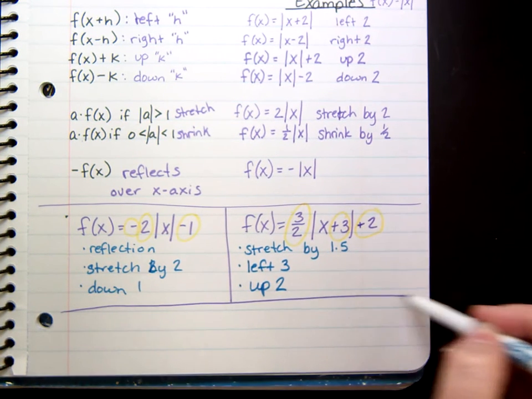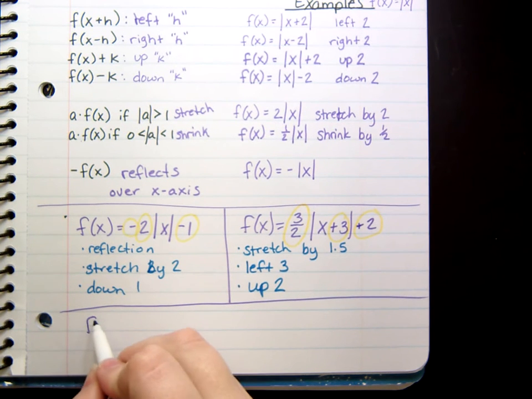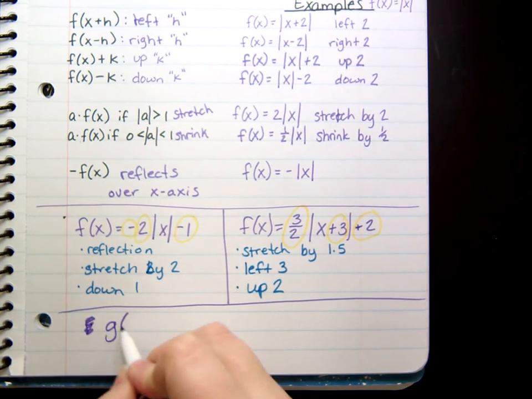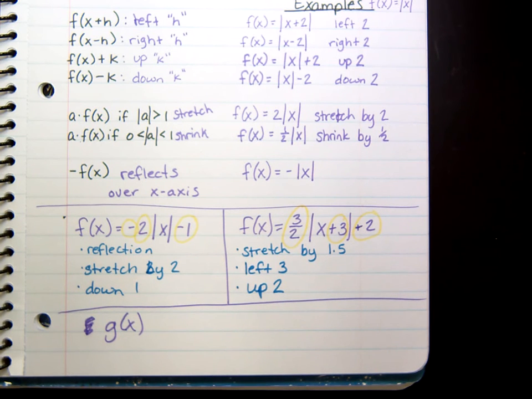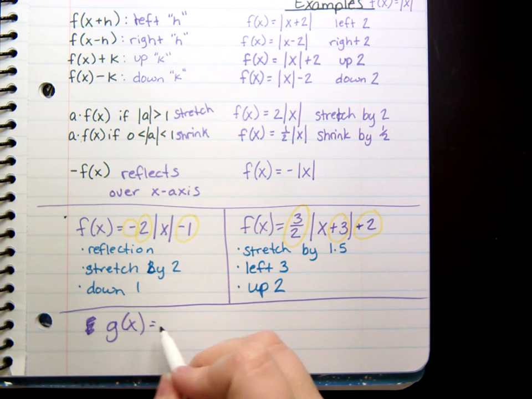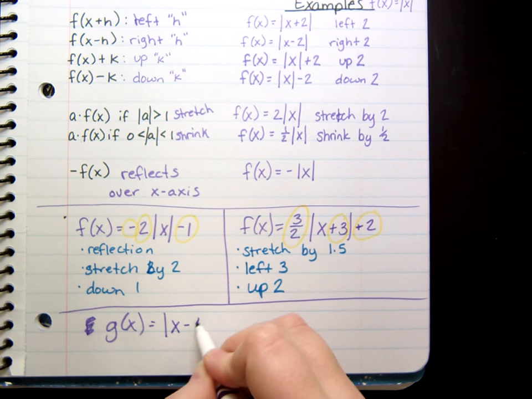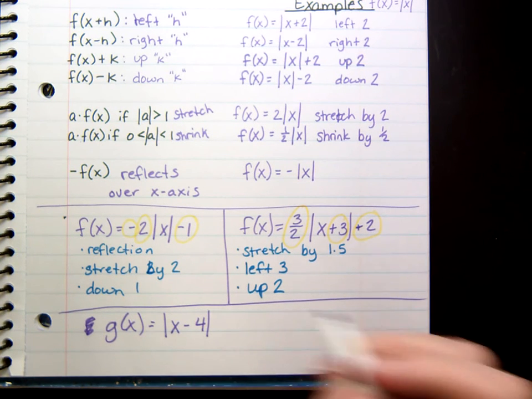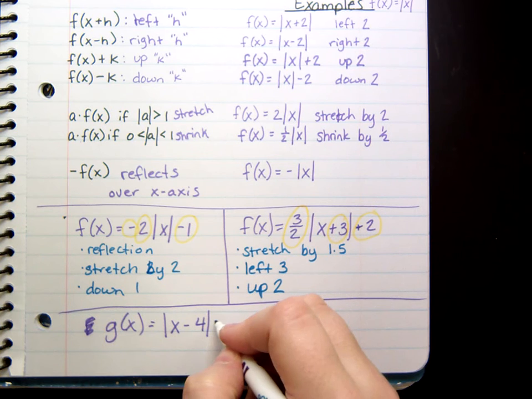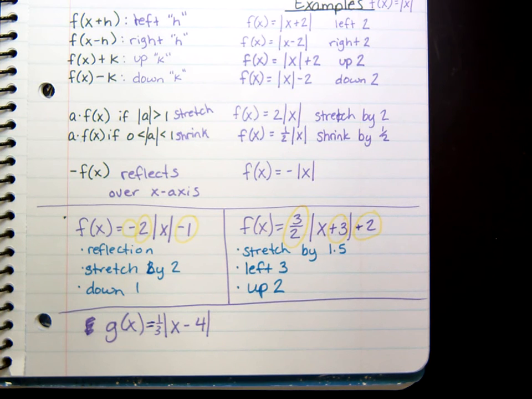One more example, and then I think we'll be done. I've been doing f of x, let's change it up, let's do g of x. Same thing, it's just a different function. So, let's take 1/3 absolute value of x minus 4.